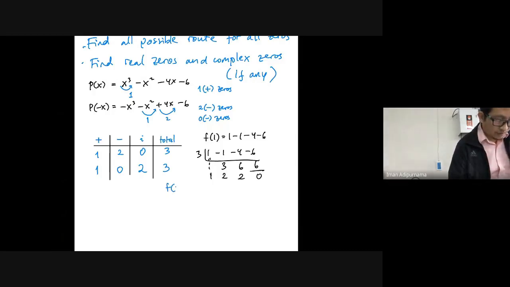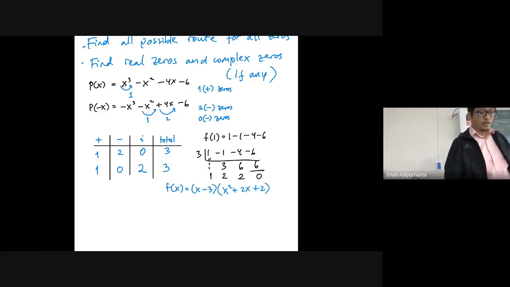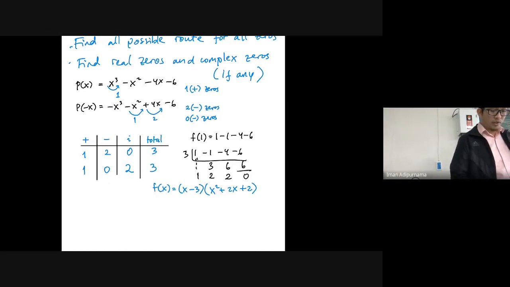So our f of x will be x minus 3 times x squared plus 2x plus 2. So we have a quadratic function. Check whether we can factorize. I think we cannot factorize, so it's irreducible.